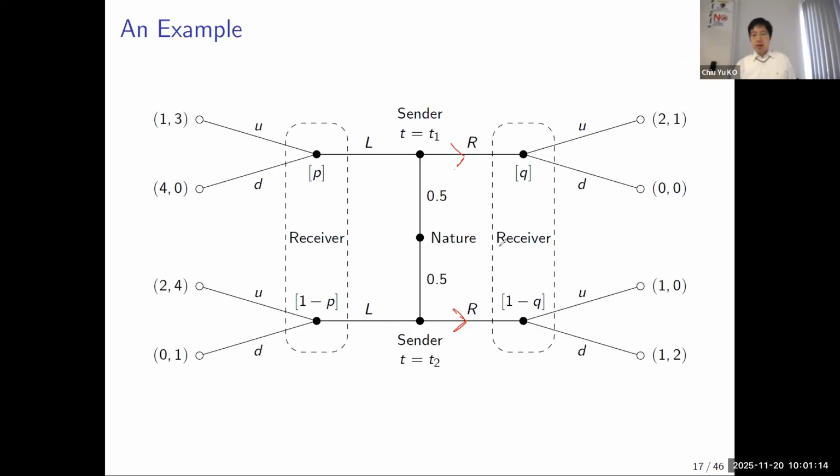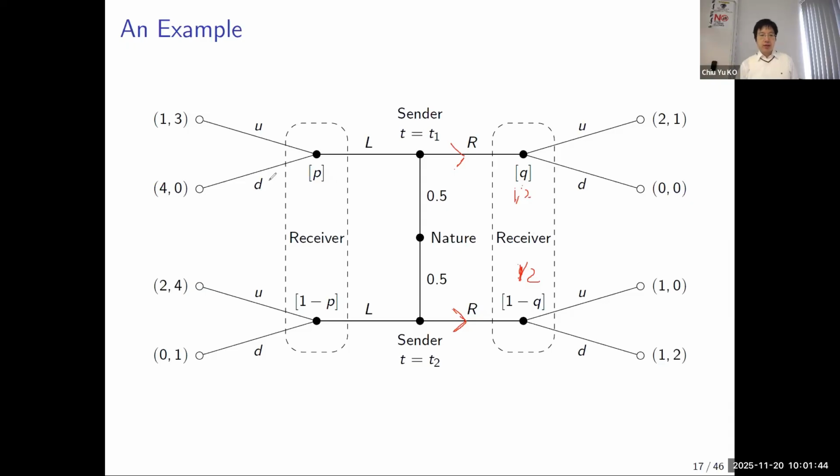Here we will derive it based on the same idea, because the receiver actually learns nothing from the sender's message, because both senders send the same message. So your belief will be the same using the Bayes rule, because half of the time it is type 1, half of the time it is type 2. So you still remain at 1/2 here. And this P, how do you assign that? Anything you want.